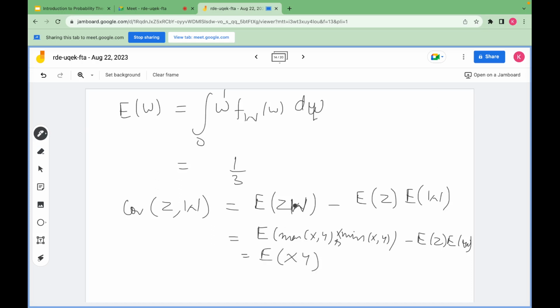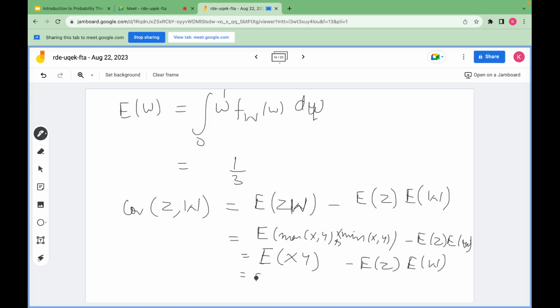This zw can be written as the expectation of x comma y, minus the expectation of z into the expectation of w.